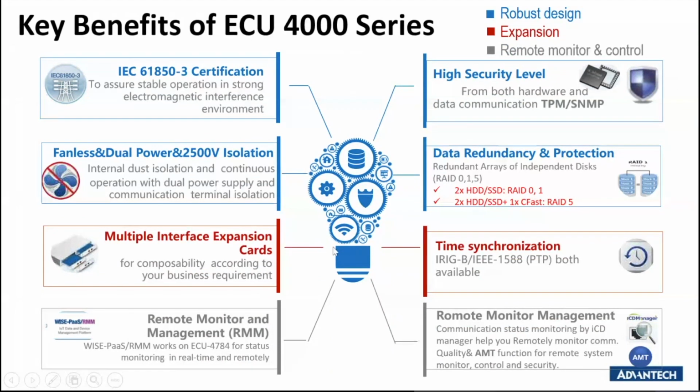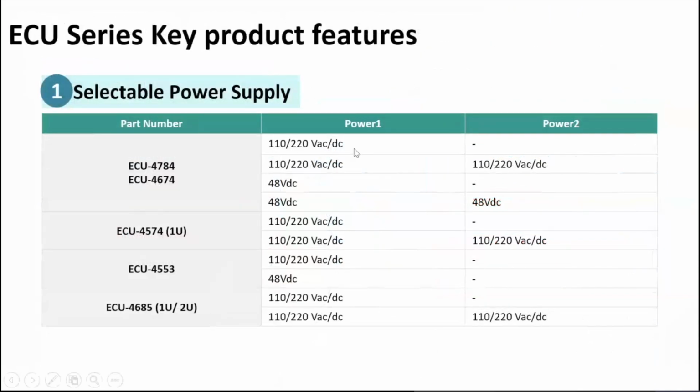Okay, for the key benefits of our ECU 4000 series, I will go through one by one in the later slides. Okay, first, we have the selectable power supply. So for our ECU, you can have a 100 or 220 VAC or DC power supply as a main power supply, and you can have a second power supply as a redundancy.